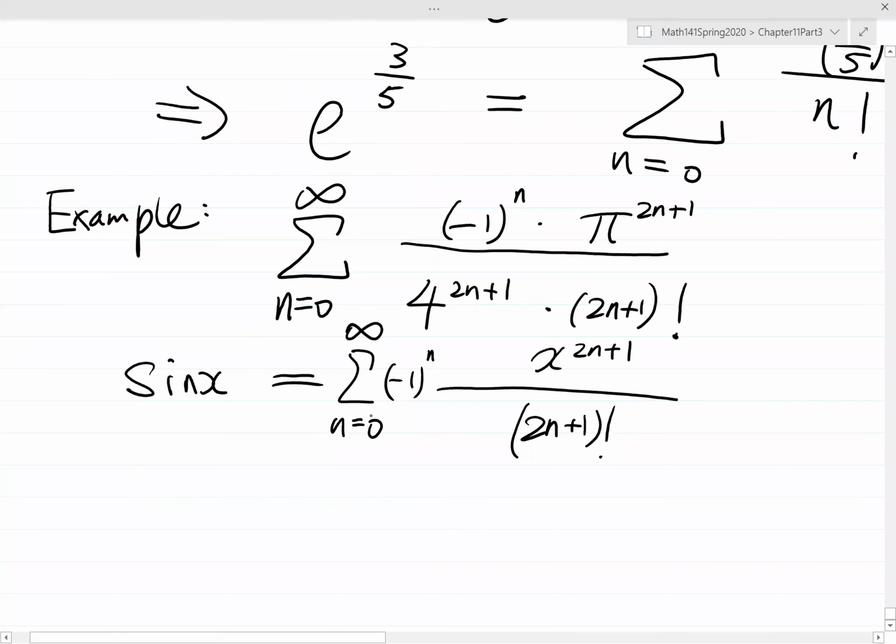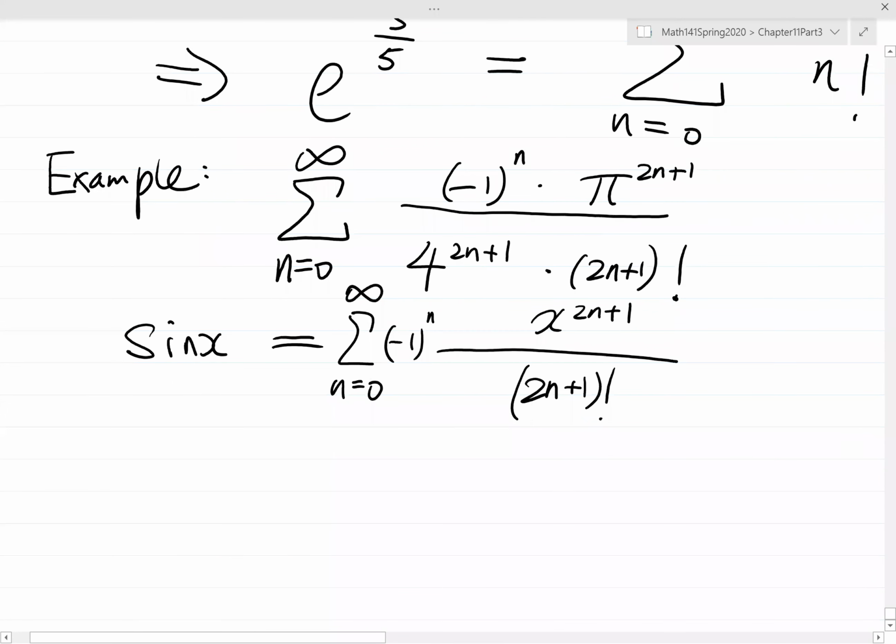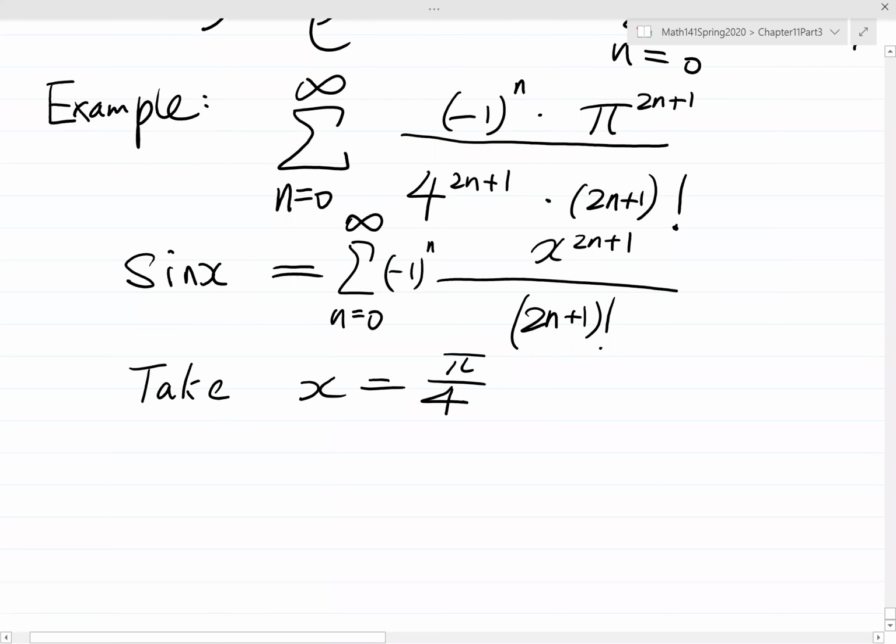So the remaining thing is x to the power 2n plus 1. Then the other thing is easy to compare. You take x to be pi over 4. Then x to that power, you get pi to the power and 4 to that power 2n plus 1. So we get sine pi over 4.